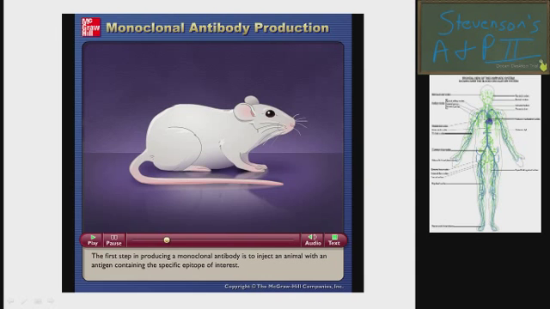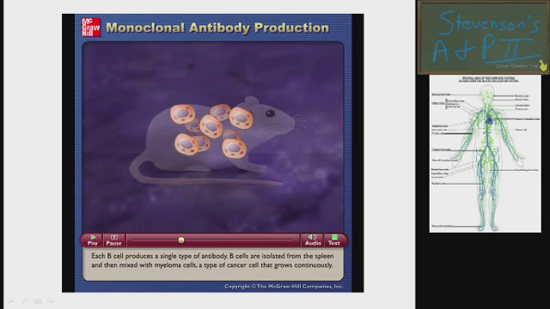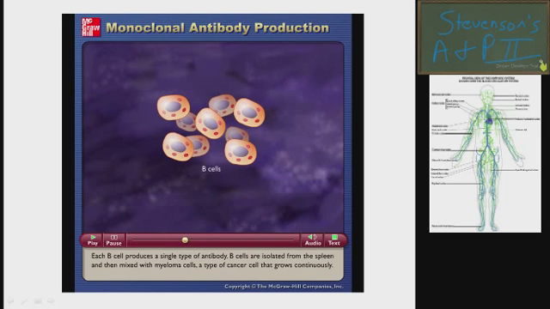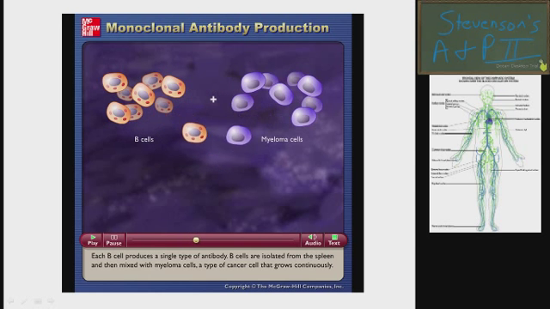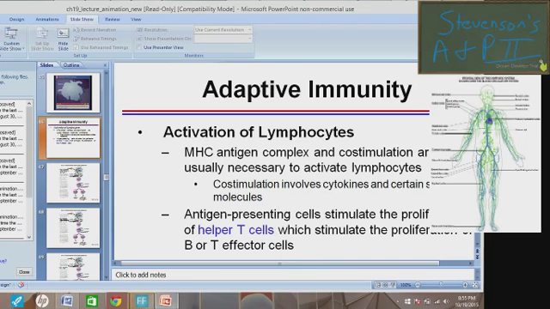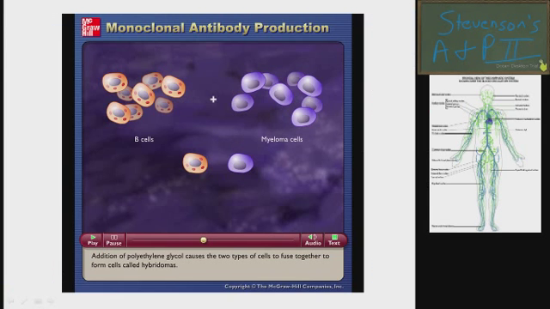The first step in producing a monoclonal antibody is to inject an animal with an antigen containing the specific epitope of interest. Each B cell produces a single type of antibody. B cells are isolated from the spleen and then mixed with myeloma cells, a type of cancer cell that grows continuously. Addition of polyethylene glycol causes the two types of cells to fuse together to form cells called hybridomas.